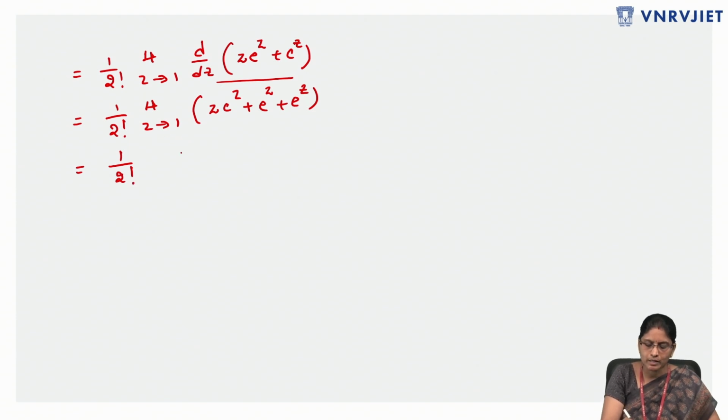Apply the limit z tends to 1. We get, in place of z here we are taking 1. 1 into e power 1 plus e power 1 plus e power 1. That equals 1 by 2 factorial 3e is equal to 3e by 2.